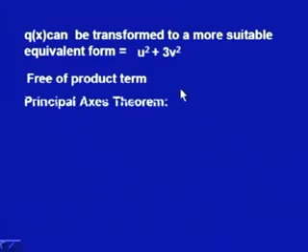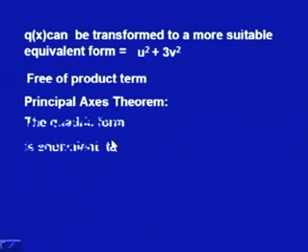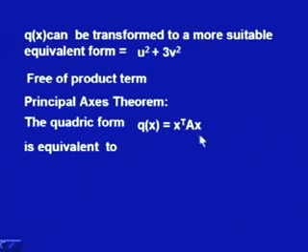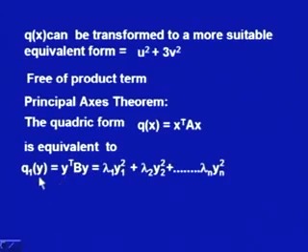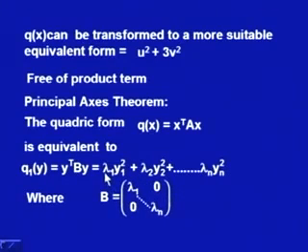It is free of product term, and this is an example only; this can be done in general, and for that we have the principal axis theorem. According to this, the quadratic form Q(x) equal to x transpose Ax is equivalent to the form Q1(y) equal to y transpose By, which is lambda 1 y1 square plus lambda 2 y2 square plus up to lambda n yn square, where the lambdas are the eigenvalues of the matrix A associated with this quadratic.